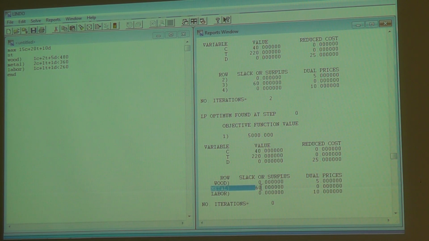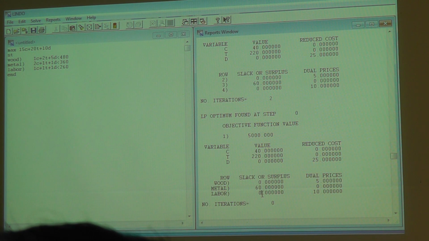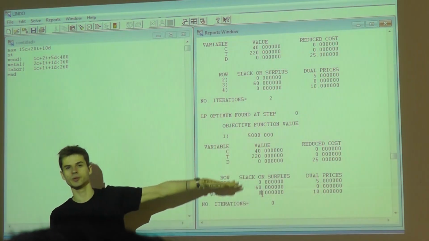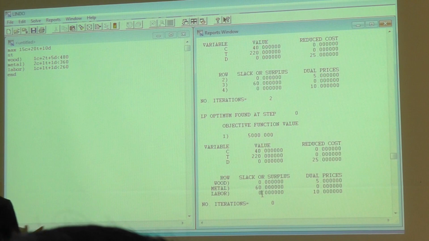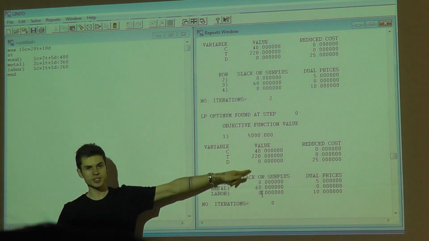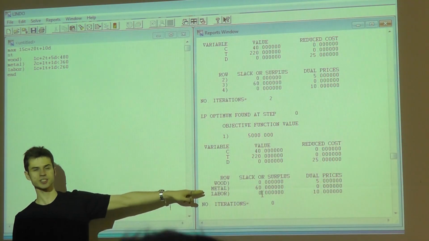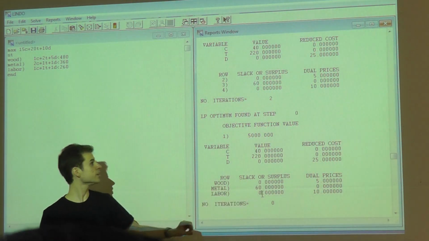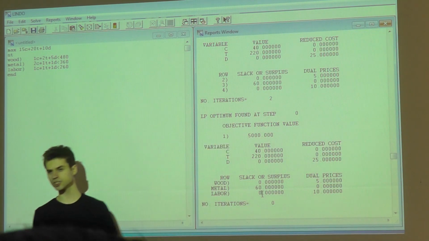There is slack in metal available, 60 units of slack of metal, and no slack in labor. So this tells you everything about the primal problem, the actual problem. It tells you what happened to the production mix, chairs, tables, doors, what happens to the resources, no slack in wood or labor, there is slack in metal left.